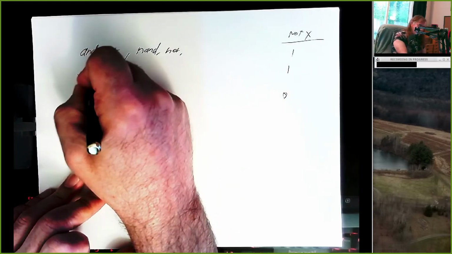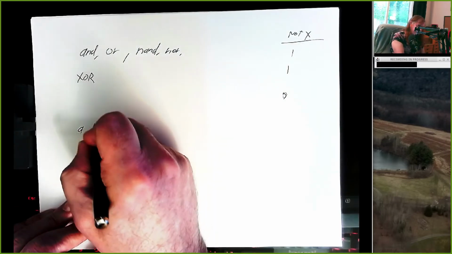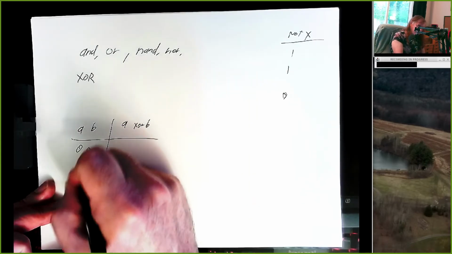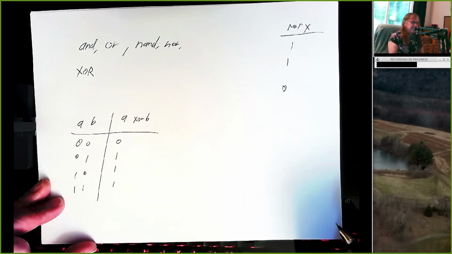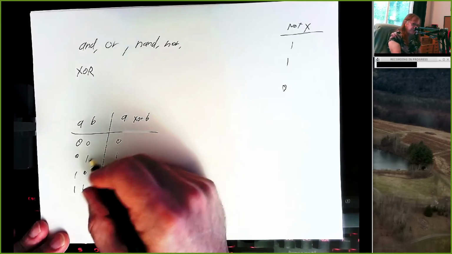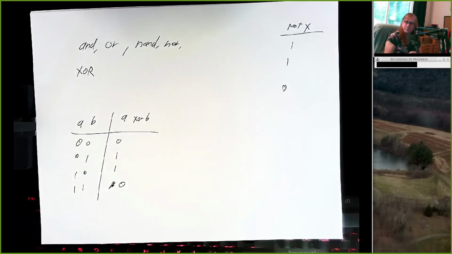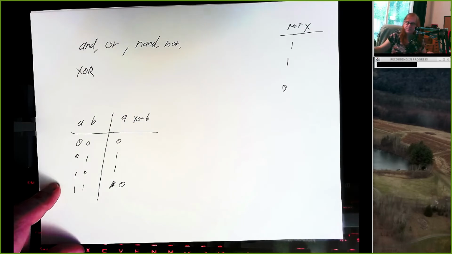There's also an exclusive OR. And the way an exclusive OR works is almost like an OR gate, except for an exclusive OR to be true, we need to know that only one of A and B are true. So if A and B are both 1, we say the XOR is a 0. And so that's just a slightly different truth table from the plain old OR gate, where it was always 1 except when both inputs are 0.